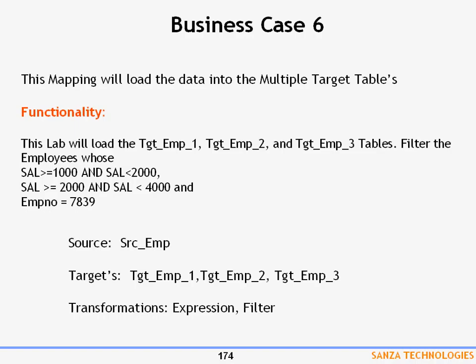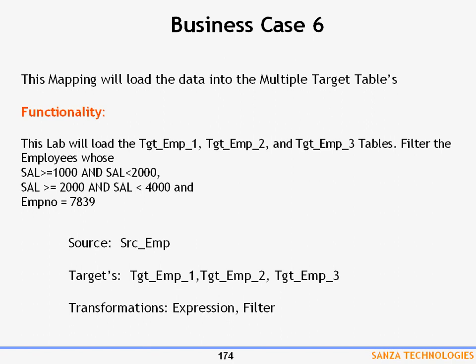For target 1, you load data whose employee salary is greater than or equal to 1,000 and less than 2,000. For target 2, salary greater than or equal to 2,000 and less than 4,000, you load it. And target 3, you have employee number equal to 7839. That data is to be loaded into target 3. These are the 3 target tables which we need to load.